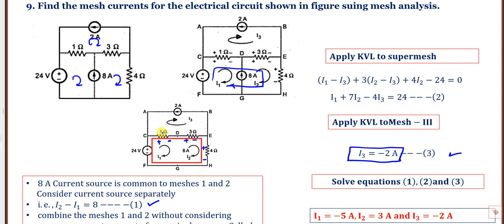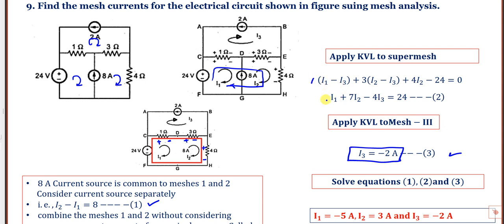Start from 1 ohm: 1 into I1 minus I3, because in 1 ohm two currents are flowing, I1 and I3. 3 into I2 minus I3, because here you have to consider I2. 4 into only I2, and in this mesh minus 24 is there, equal to 0.